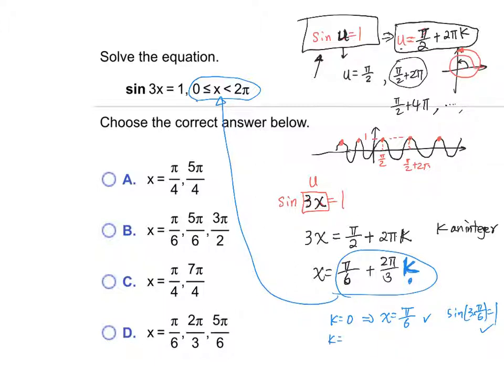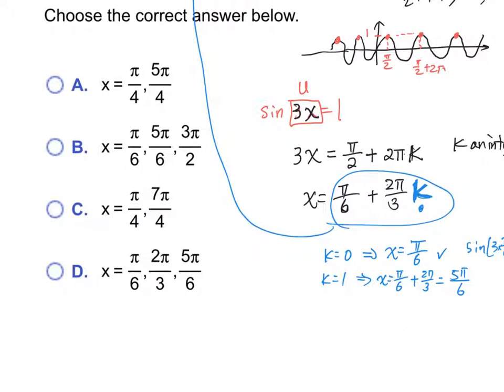When k is equal to 1, you see that x is pi over 6 plus 2 pi over 3 times 1, which is 2 pi over 3. So if you do the algebra, get a common denominator and then combine those two terms, this is going to be 5 pi over 6.